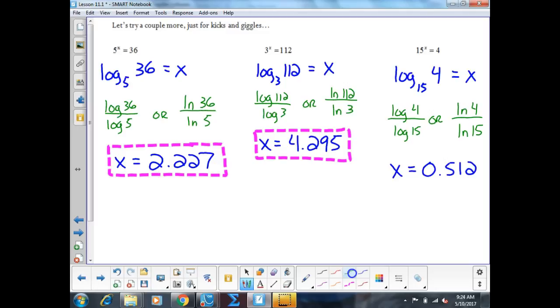Why does it make sense that it's close to 1/2, other than it's what the calculator told me?